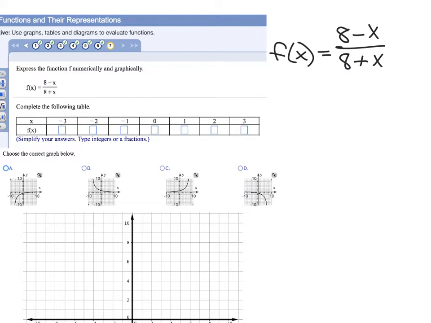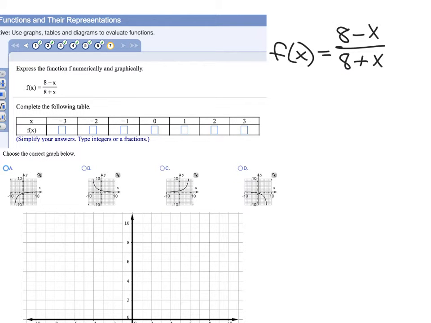All right, so that's the big formula that we're going to be using. And over here, we're going to insert -3 for x, then we're going to insert -2, then -1, then 0, then 1, 2, and 3. So we're going to have to do 1, 2, 3, 4, 5, 6, 7 calculations, and that's not so hard. And so let's get started.